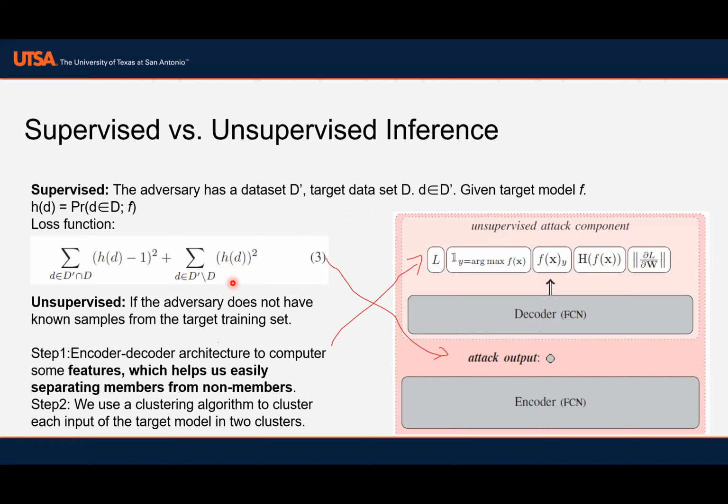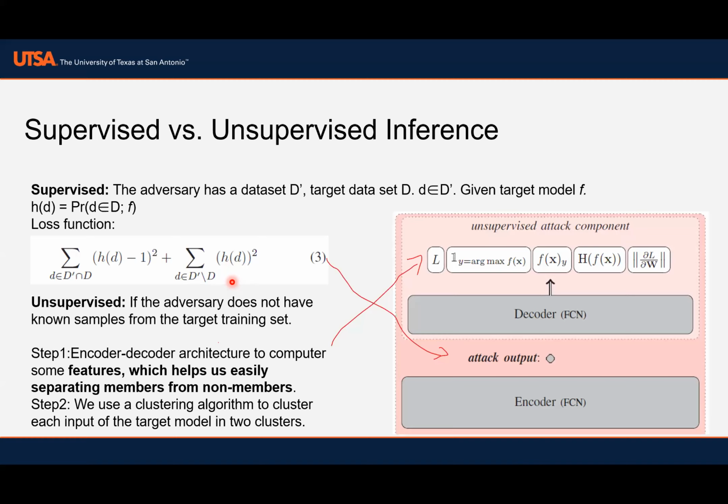Is that right? But why does minimizing this objective give you the optimal attack method?